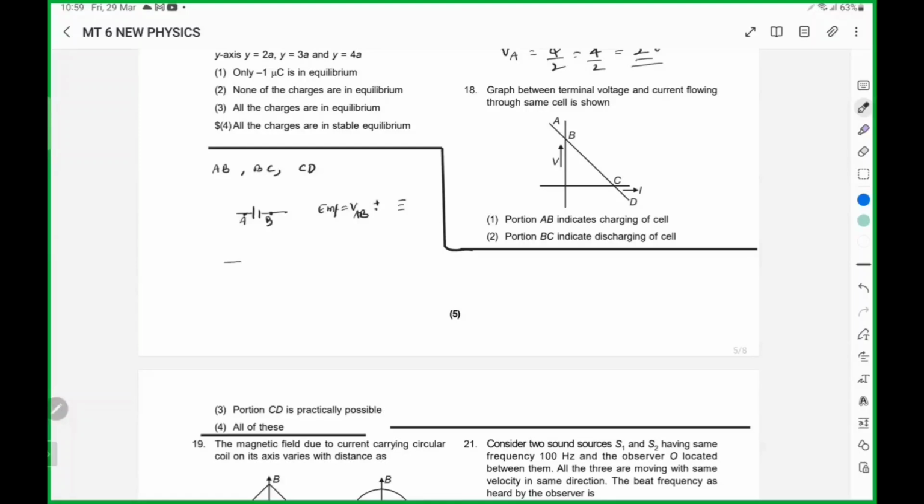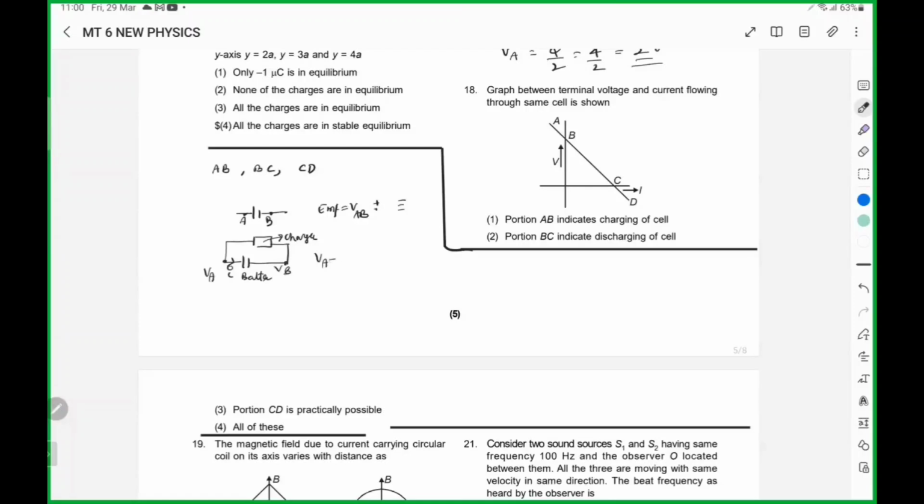When the battery is connected to a source or charger, current flows through it. At this point, potential VA.